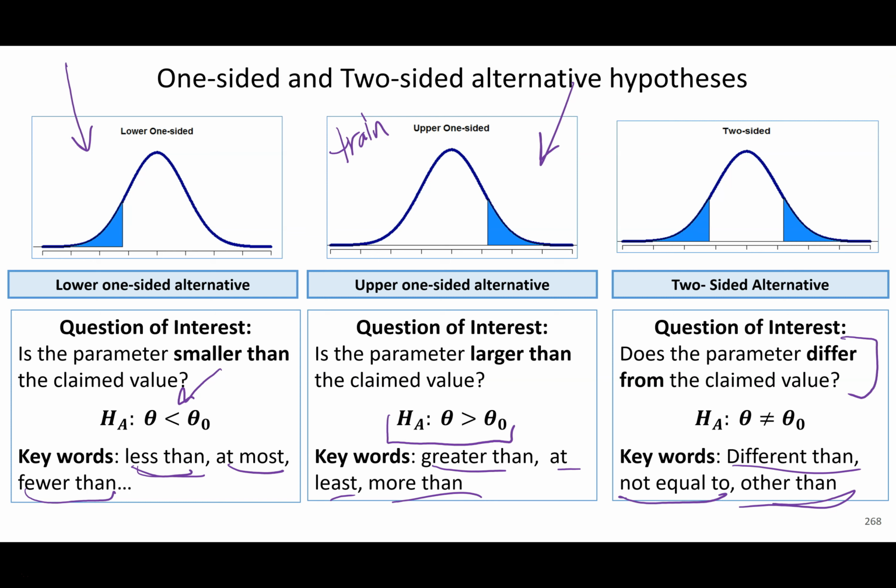All of these should come from the question prompt. You shouldn't look at the data first and then decide your hypotheses. You should be getting whatever sign goes in your alternative from the question prompt itself. It should give you all the information you need to write it, whether it's one-sided or two-sided.